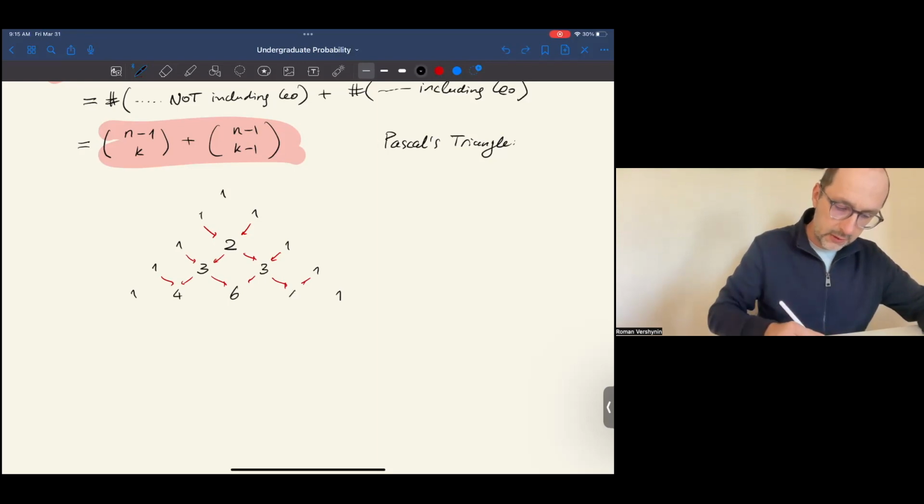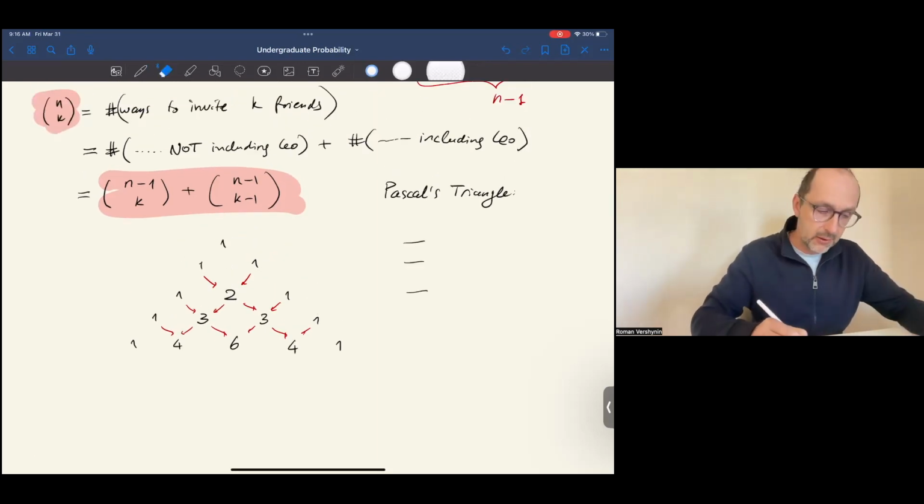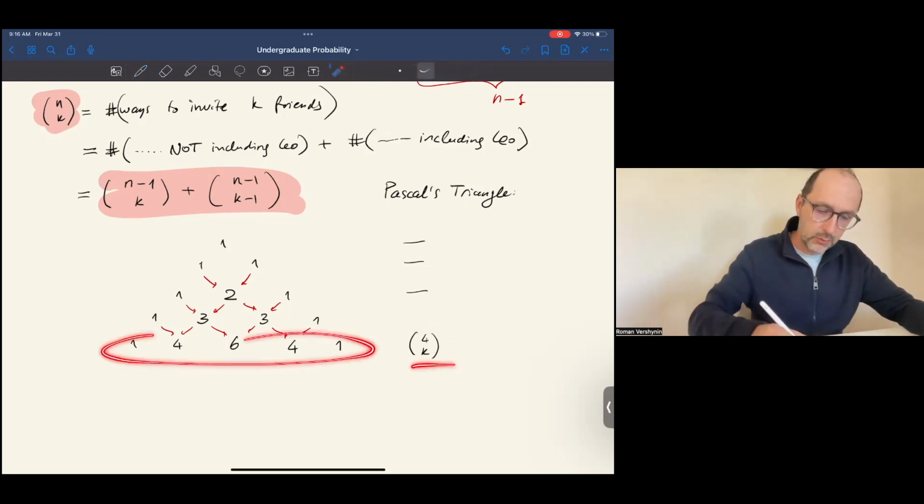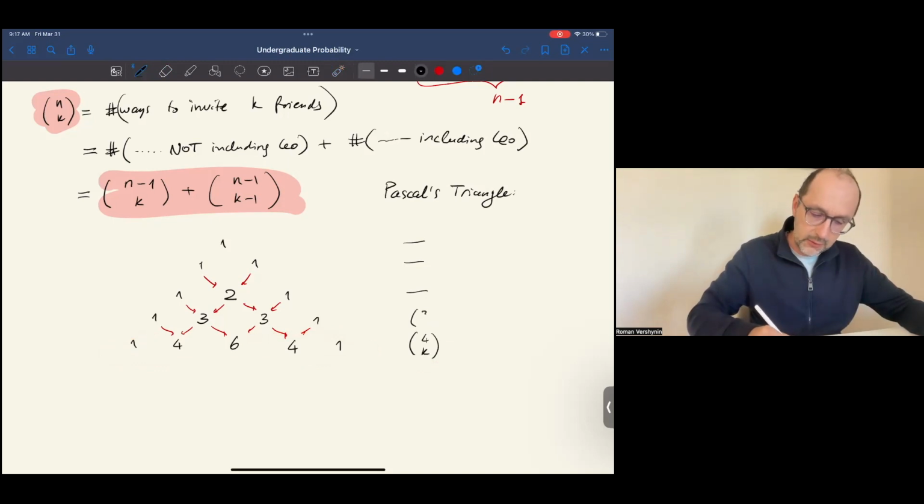And the pattern is clear. Every level of Pascal's triangle is supposed to list all binomial coefficients. For instance, this level will list 4 choose k's, and this level will list 3 choose k's.